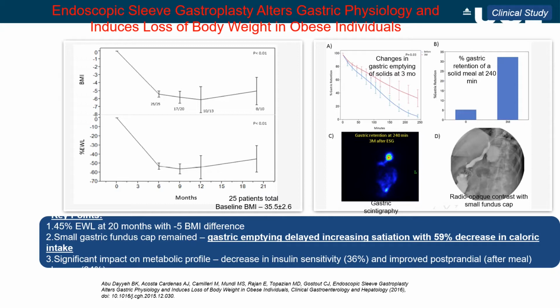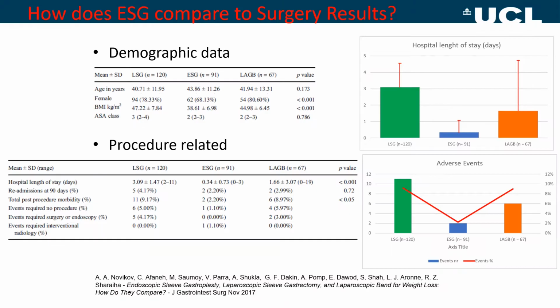Not only that, there is some evidence of physiological and functional change in the stomach: these nuclear medicine studies and gastric scintigraphy show a change in gastric emptying of solids at 3 months out from the ESG.